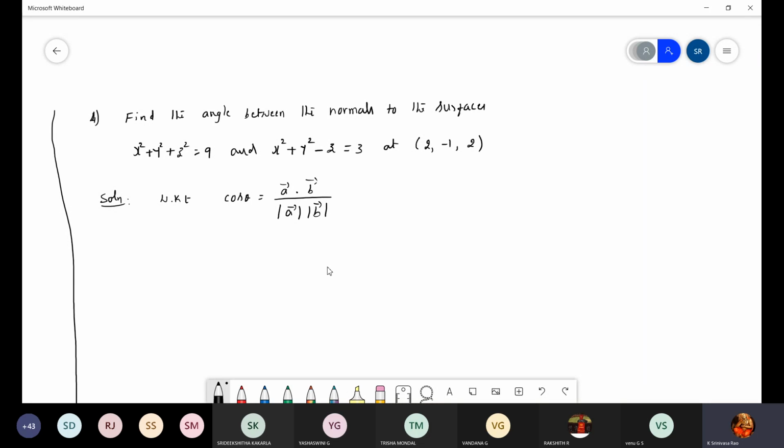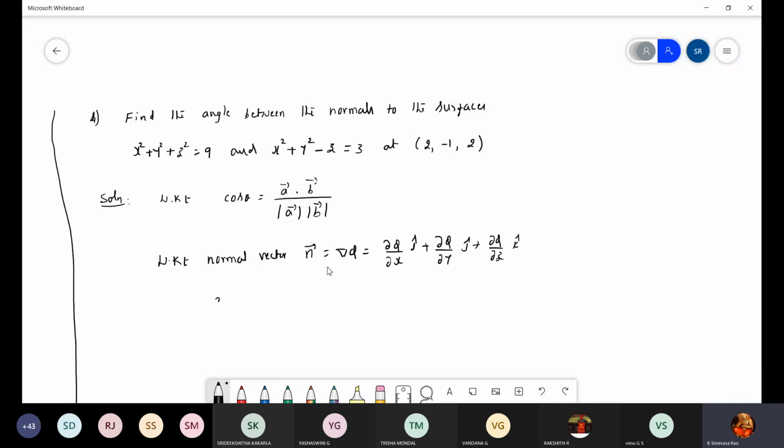We know that the normal vector n equals grad phi, that is, dou phi by dou x i cap plus dou phi by dou y j cap plus dou phi by dou z k cap.